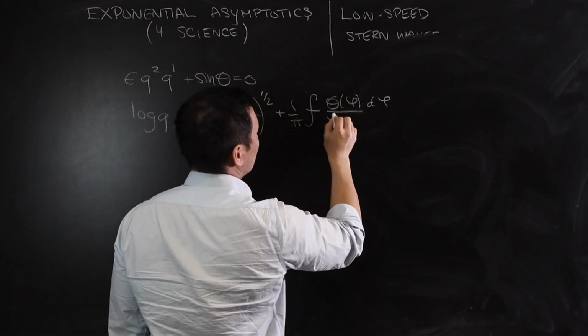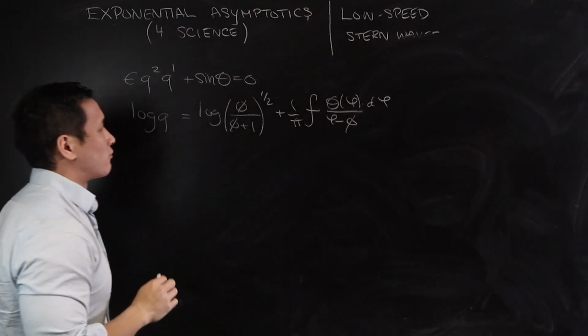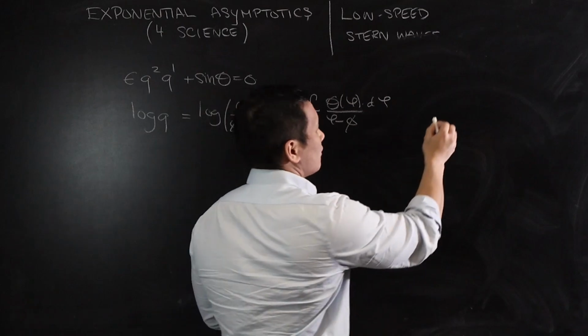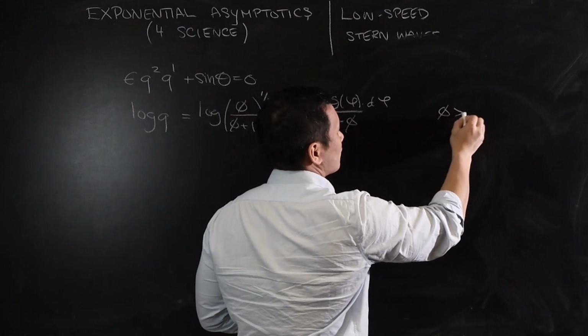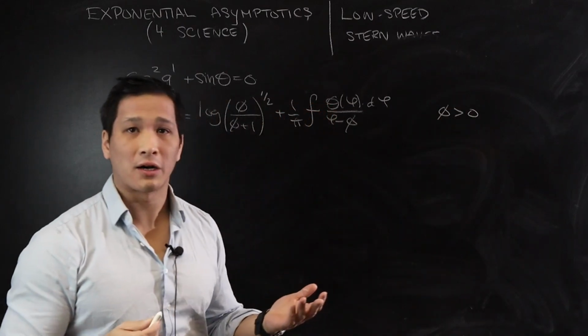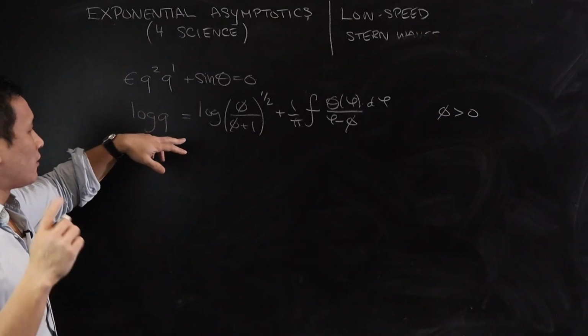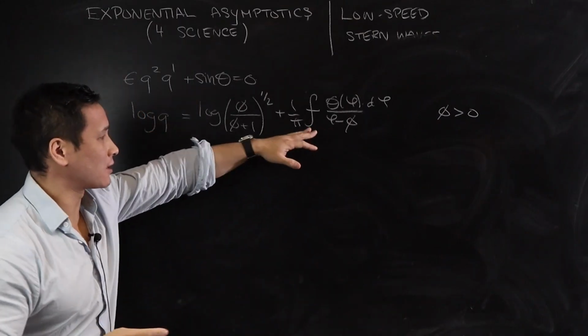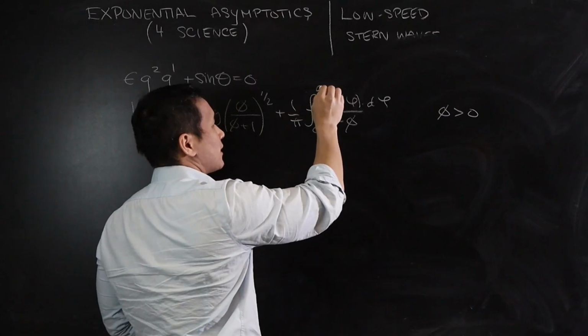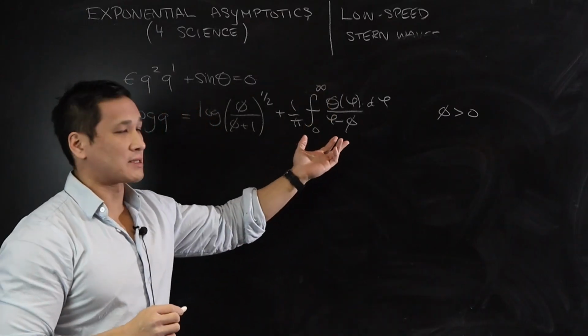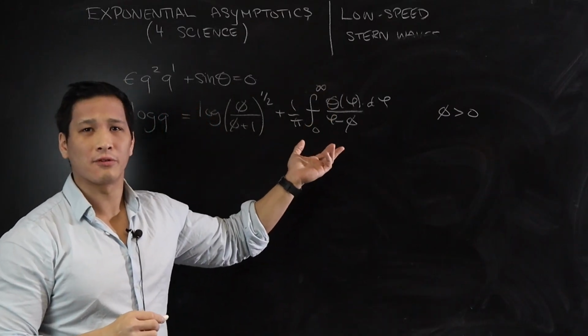Okay? So in this problem, remember that we're always thinking of phi as being a real number and positive, because that's characterized as the free surface. The other thing to remark is that this integral does make life quite difficult, because this is a global thing, right?